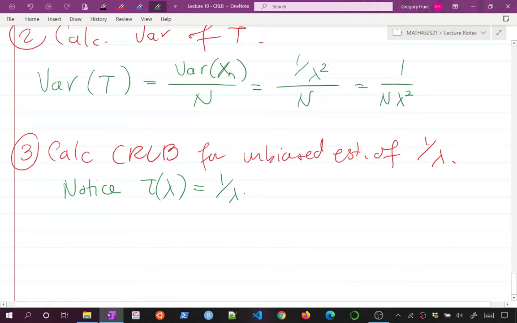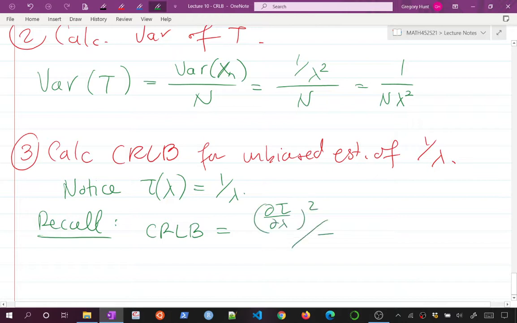There are a couple of ways I can do this. Recall our theorem says the Cramer-Rao lower bound is d tau d lambda squared over the information in n samples for lambda.